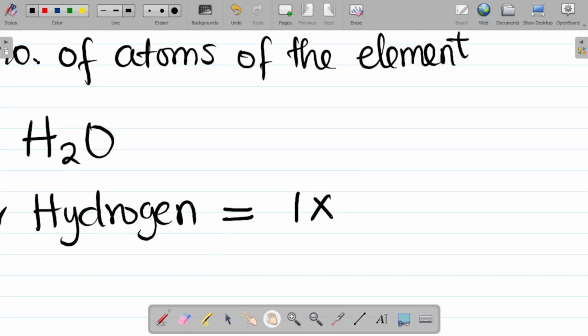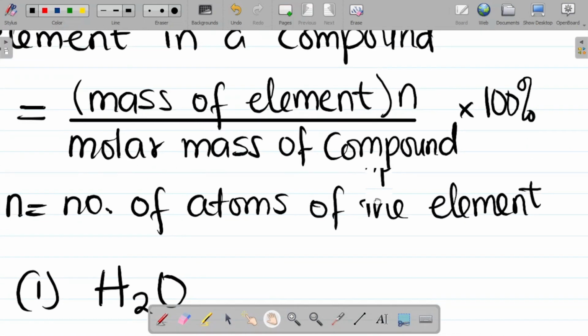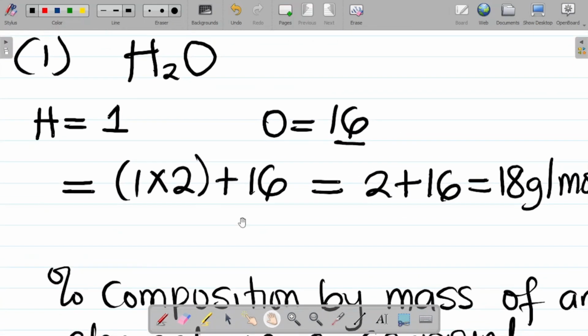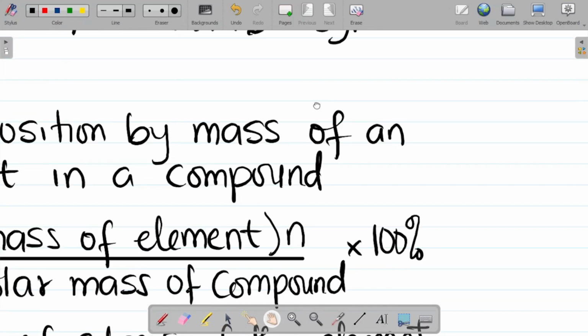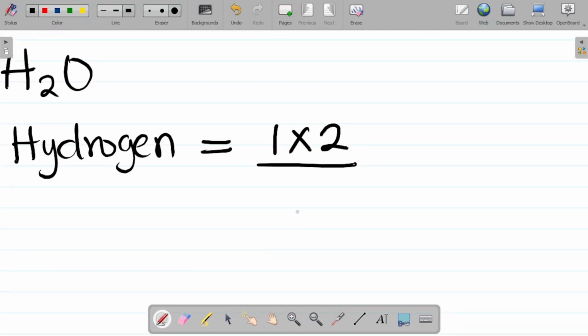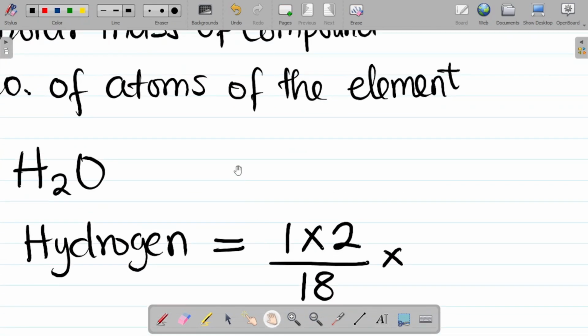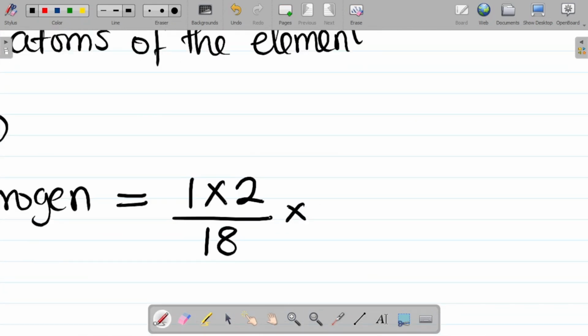So it becomes 1 times 2, all over the molar mass of the compound. We already calculated the molar mass of this compound to be 18. So all over 18, times 100%.